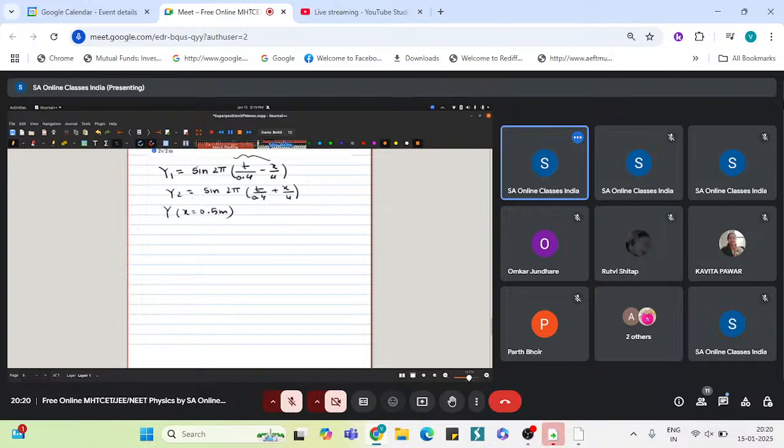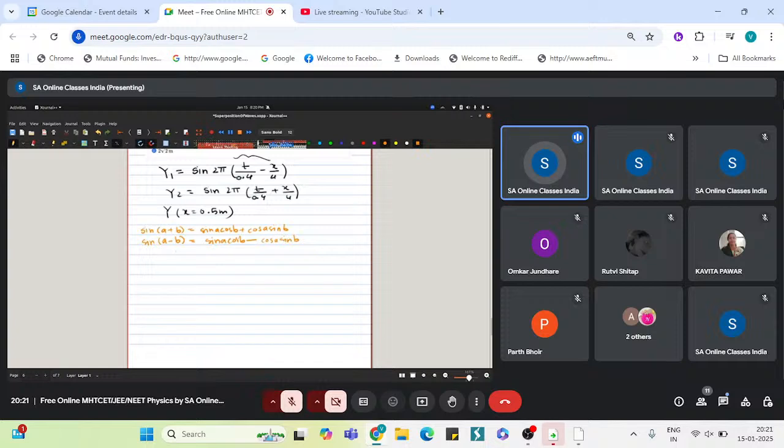So essentially we are going to look at again the trigonometric identity: sine (a plus b) is equal to sine a cos b plus cos a sine b. And similarly, the version for a minus b is going to be sine a cos b minus cos a sine b.